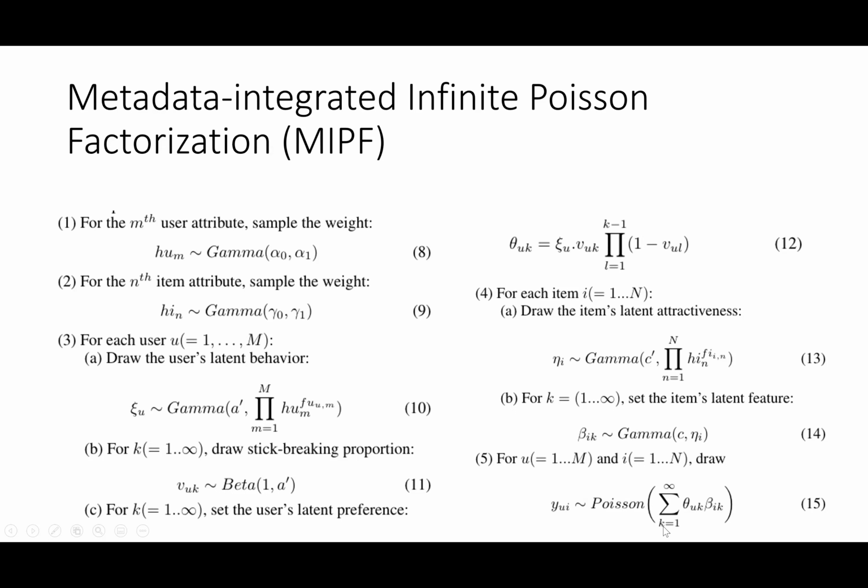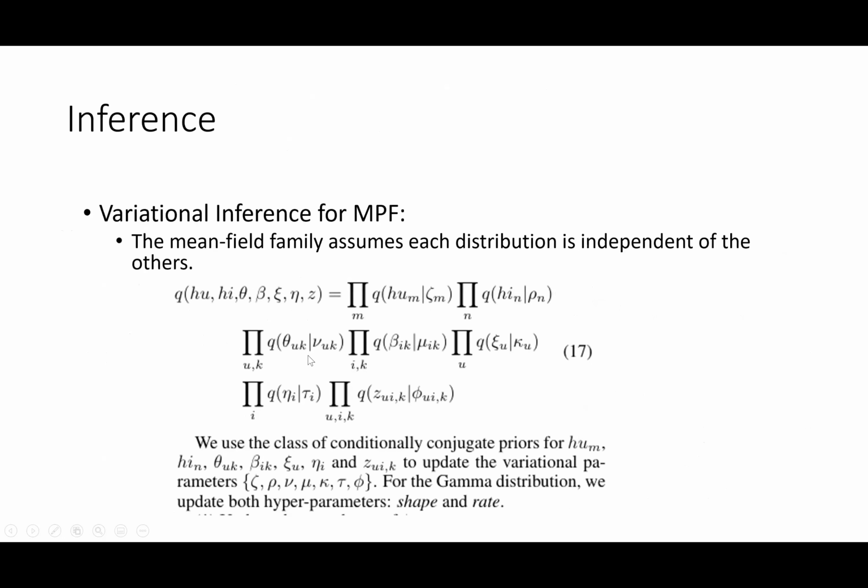But here, because we extend it to infinity, it's a k, and then we can use the model to determine the best k, basically, right? And then to solve this problem, we have variational inference, which basically means we take all the latent parameters and factorize them into the latent factors and their auxiliary parameters, which are called variational parameters.